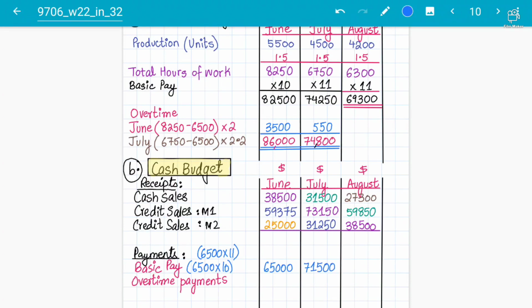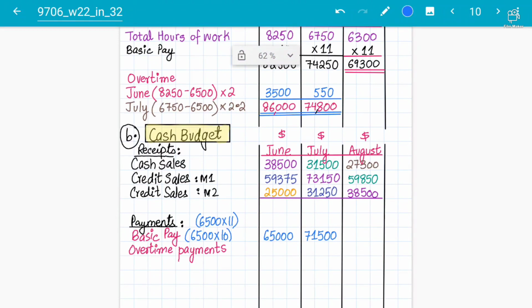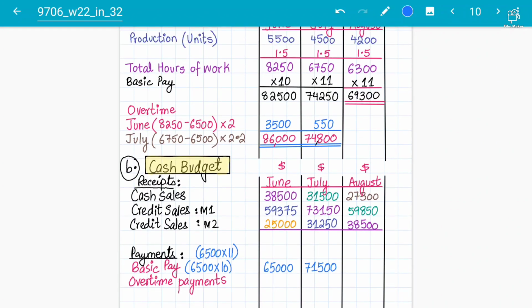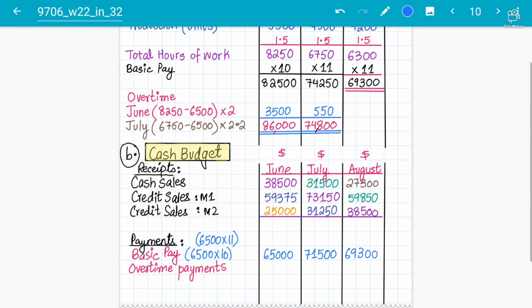These are being paid in the current month: June payment in June, July payment in July. For August, this was the cost only: 6,300 into $11. There was no overtime, so it will be 69,300, coming in as it is for August.